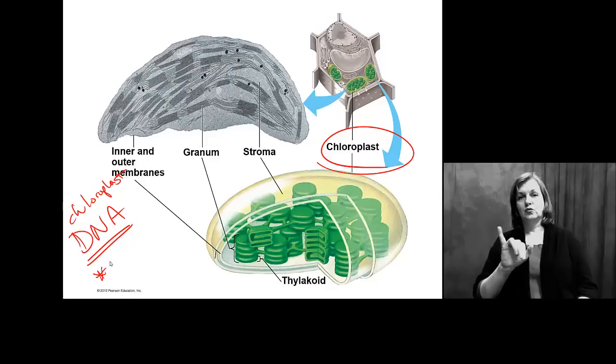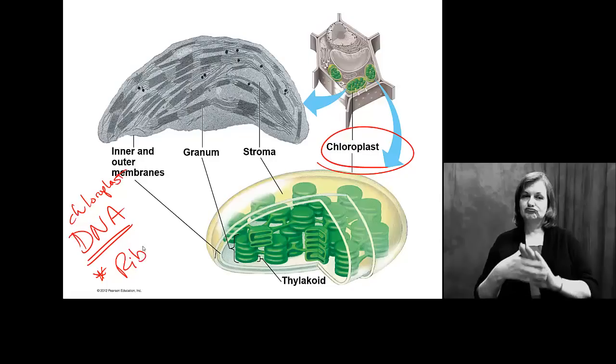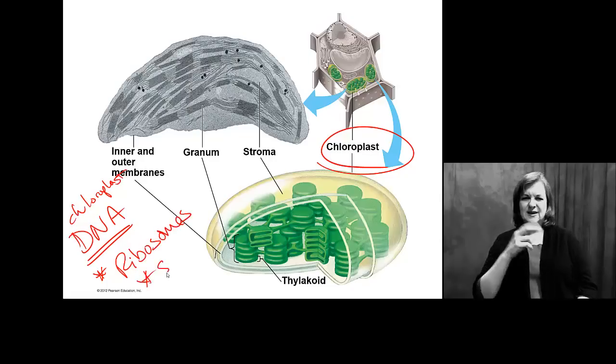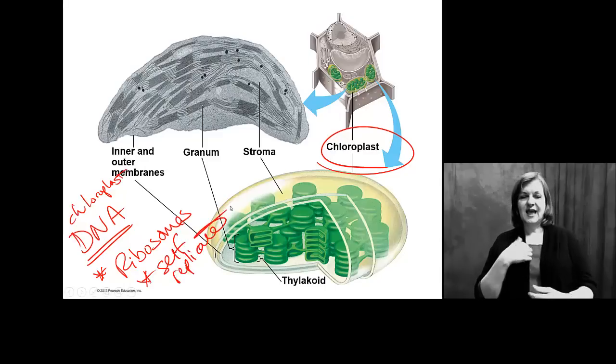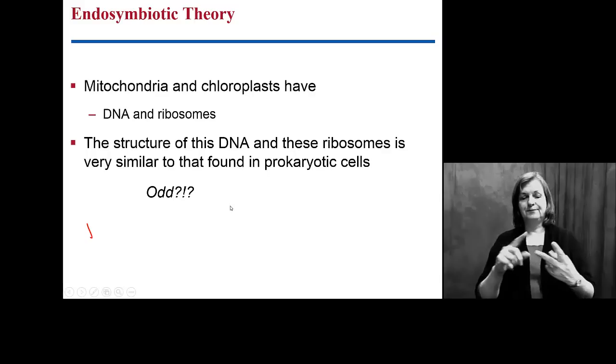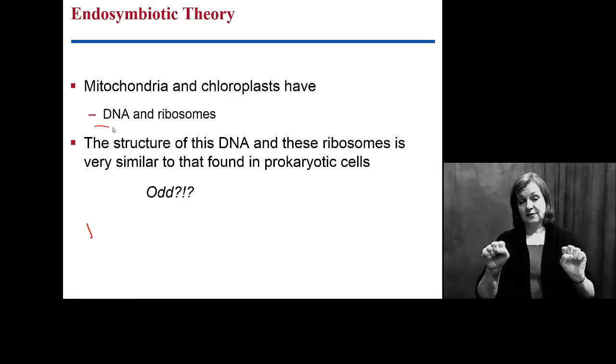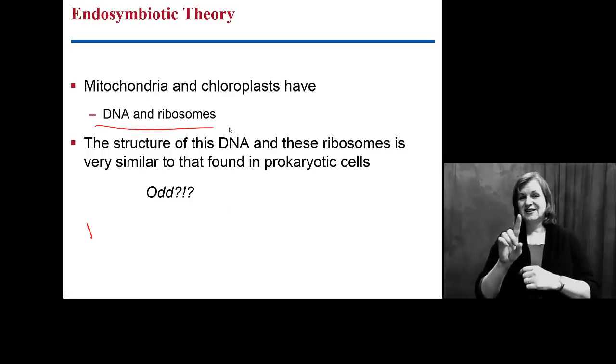And again, they're going to have their own ribosomes. And they're going to self-replicate. So you see the similarities between mitochondria and chloroplasts. They have their own DNA and ribosomes, I mentioned to you.